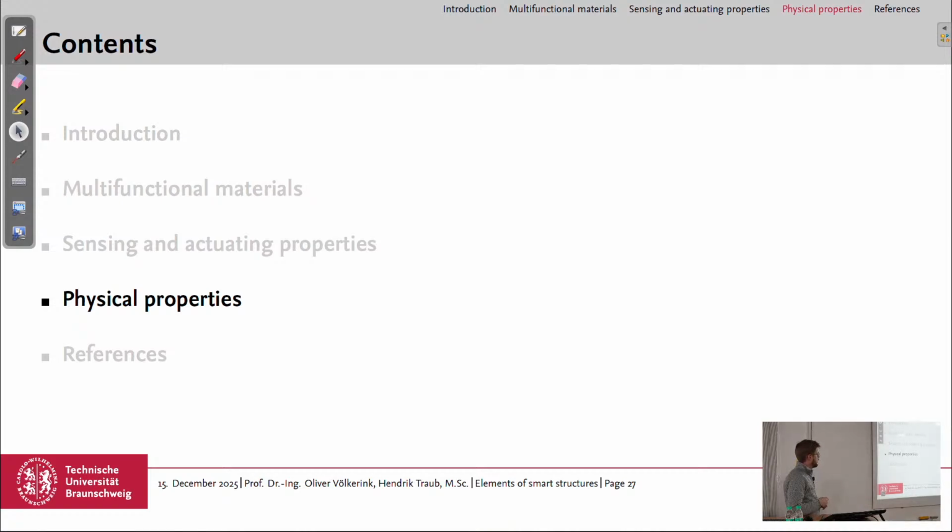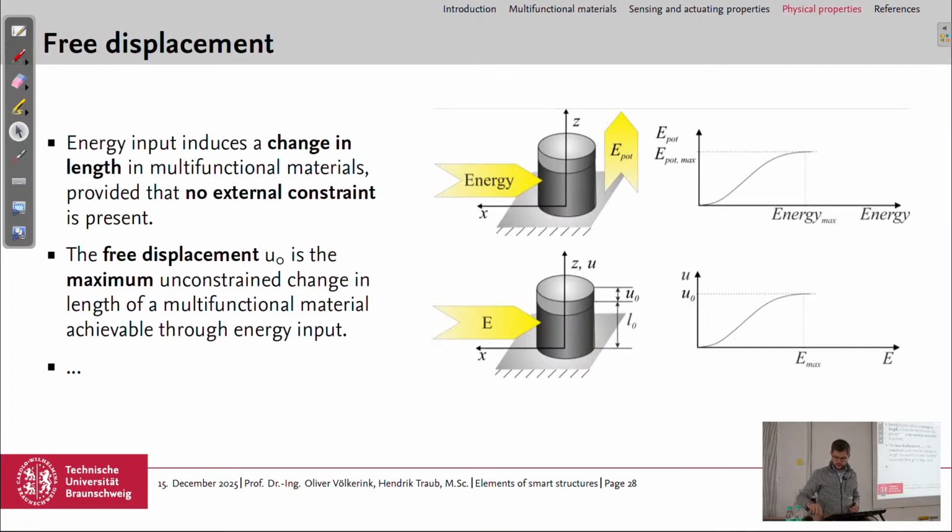So now we are coming to the physical properties, and for this I try to sketch something on the slides. So maybe we start with the free displacement. So an energy input, we are now on the usage in terms of actuating of the material.